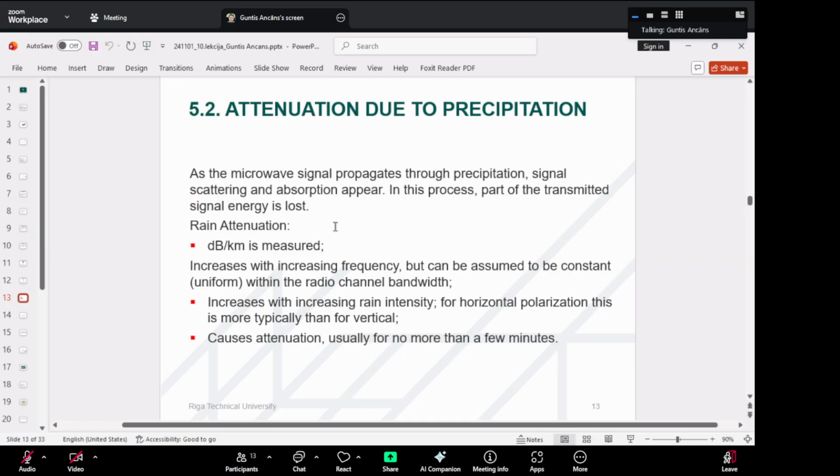Therefore, in radio link budget calculation, it's important to take some margin for the receiving signal level and to take into account also this effect, rain attenuation.